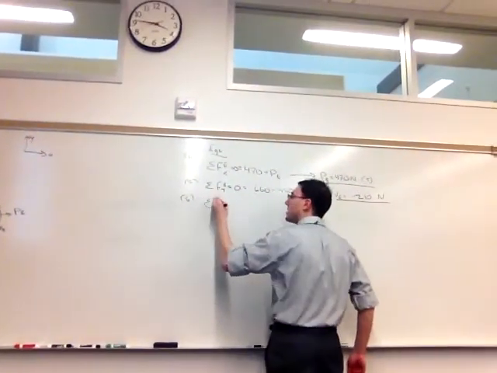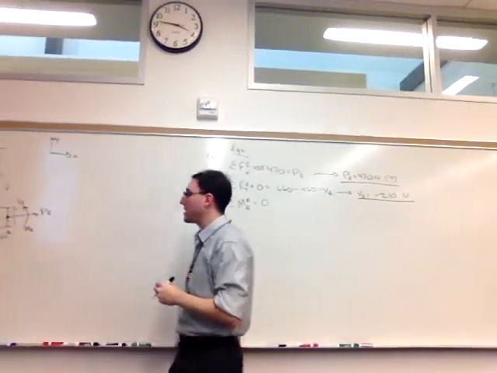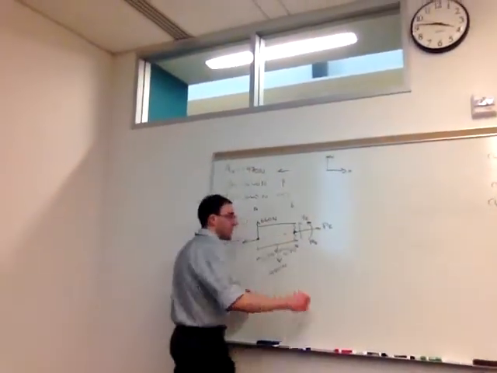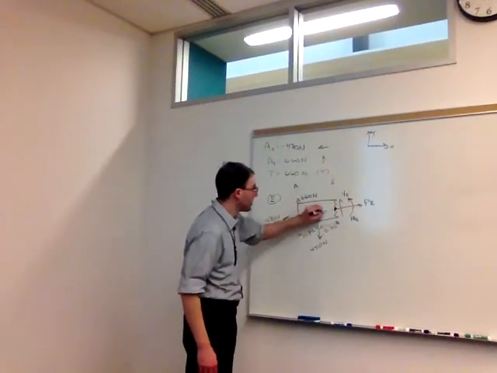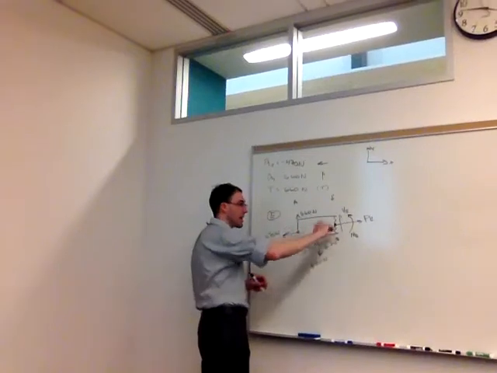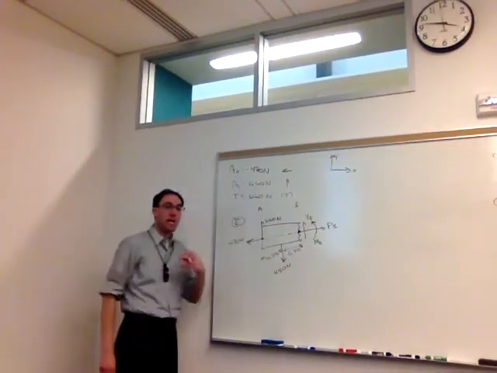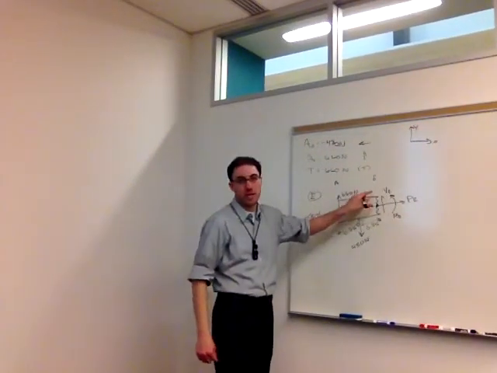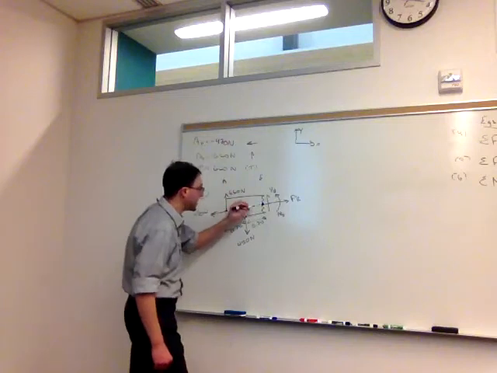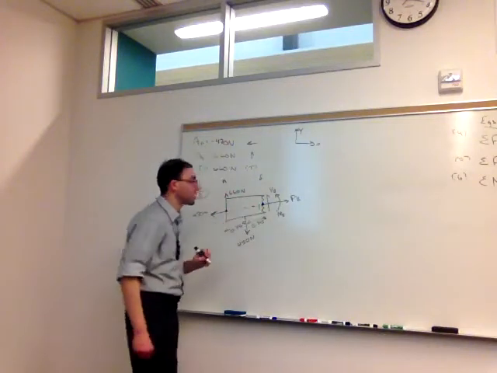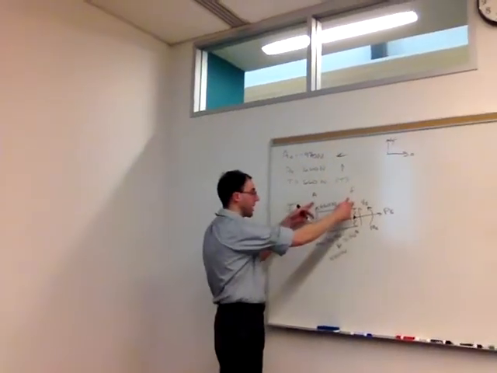And finally, the moment around E. I'm making the assumption here that the centroid is at the center of the beam. That might not be the case. So I'm going to assume that the line of action of the 470 newtons does pass through the centroid. Even if that were not true, I don't know what the cross-section actually looks like. If the centroid were actually down here, this distance is going to be usually very, very small compared to this distance.